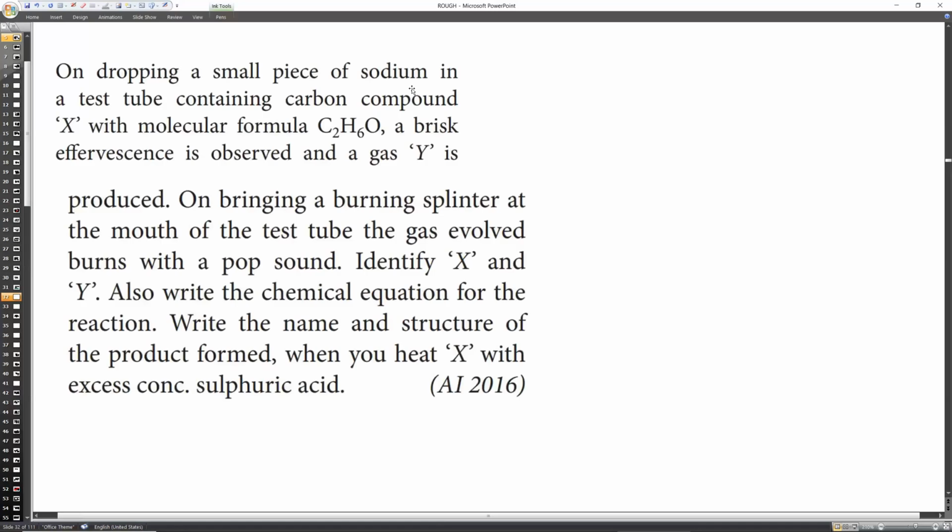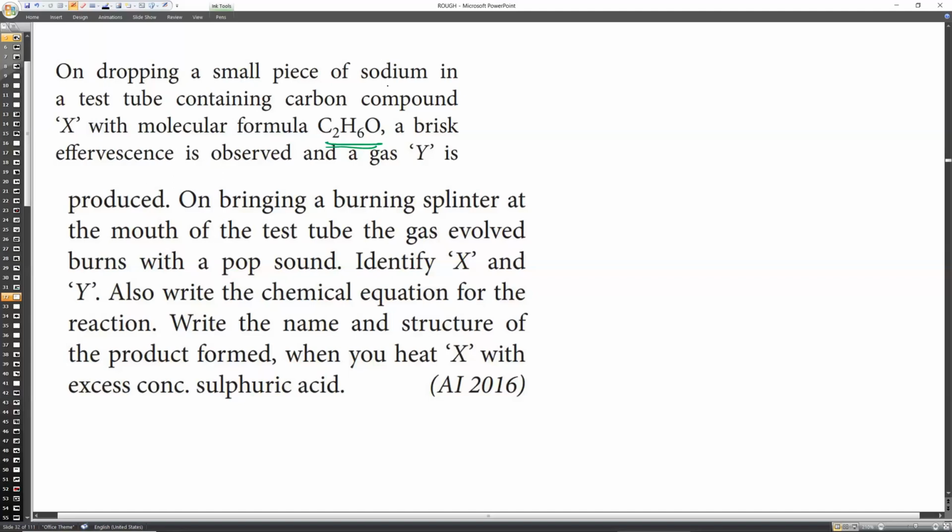On dropping a small piece of sodium into a test tube containing the compound X with molecular formula... This is the knowledge that we were using. Please, with the help of this, try to solve this question and find out the values of X and Y.